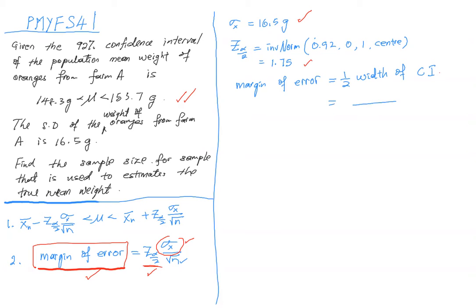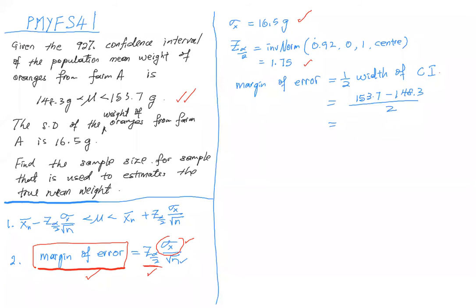The width of the confidence interval is the highest minus the lowest, then divide by 2. So you get your margin of error. Now can you find the sample size? You use the formula, you can get the sample size.